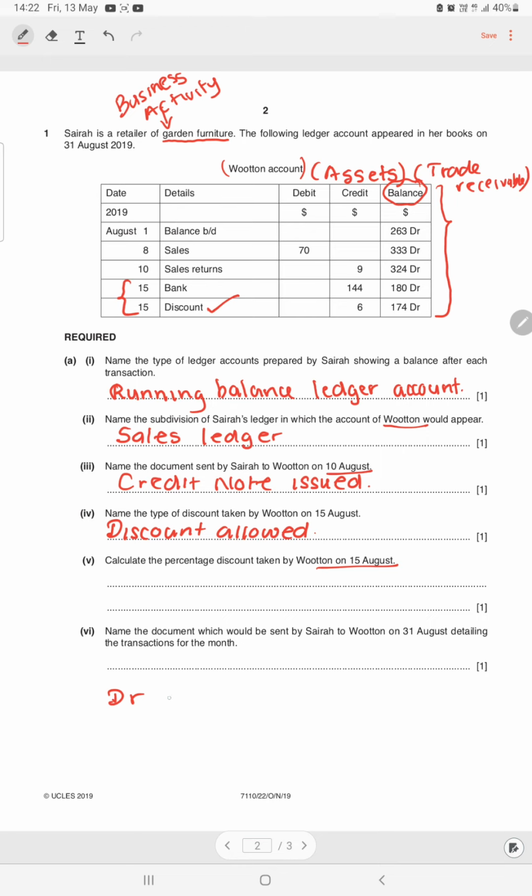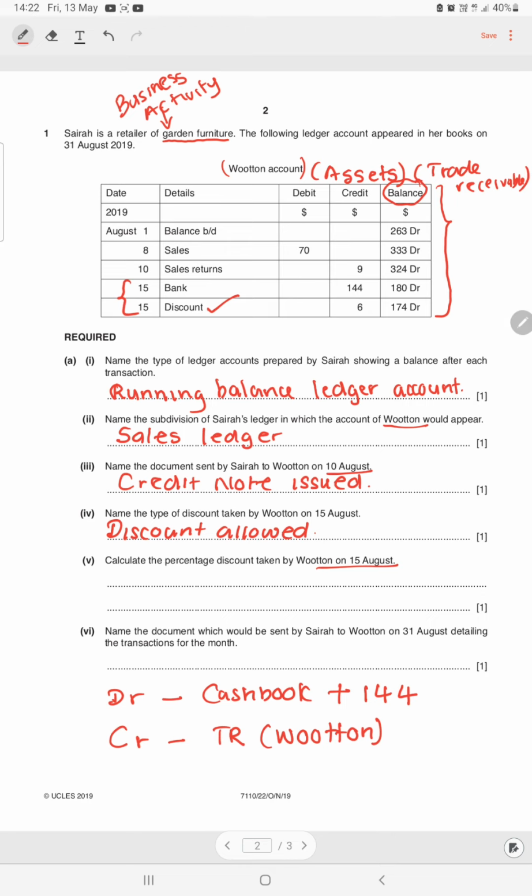The cash entries are simple. Since the customer is paying you, your cash book asset is increasing by 144, and you credit trade receivable Bhutan, because Bhutan paid you money. If Bhutan paid you money, then the amount that Bhutan owes you, from this 263, from this 333, from this 324, decreases by the $144 he pays you.